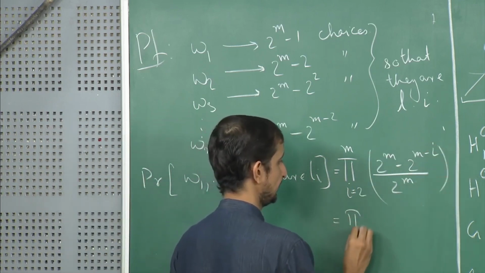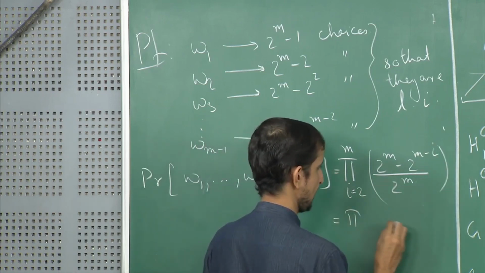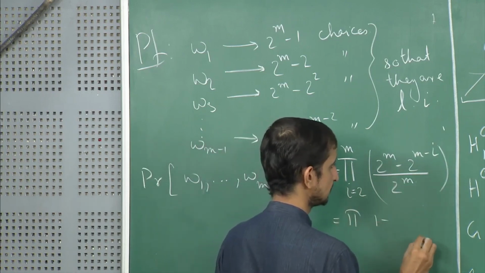So this is nothing but the product of 1 minus 1 over 2 to the power i.